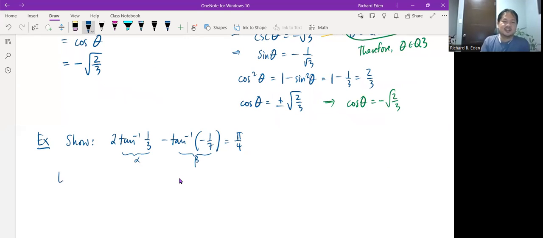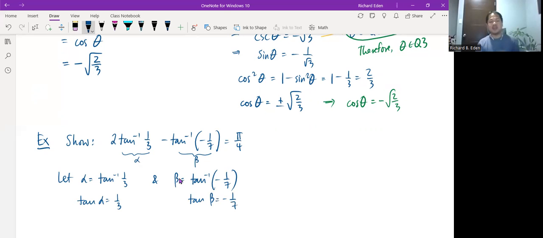Ito. So as usual, let alpha be tangent inverse of 1/3, and beta, let it be tangent inverse of negative 1 over 7. Okay, so these imply tangent alpha is 1/3 and tangent beta is negative 1 over 7. In fact, before we proceed, let's try to figure out the mga quadrants nila.